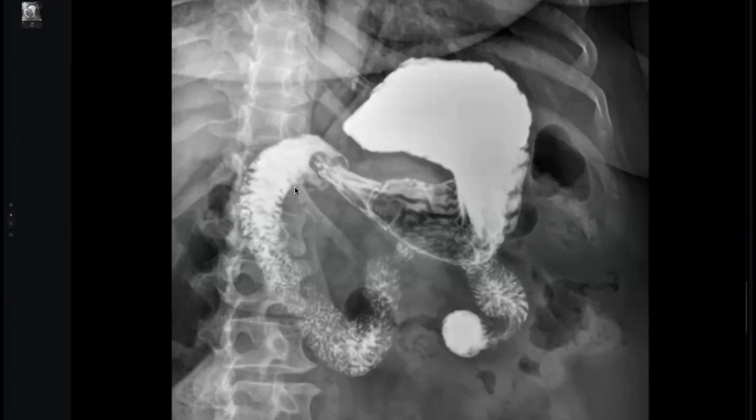Give me a differential diagnosis. Filling defect in the bilorojejunal junction might be a duodenal diverticulum. Okay, what else? But a diverticulum will be outside. Okay, what else?